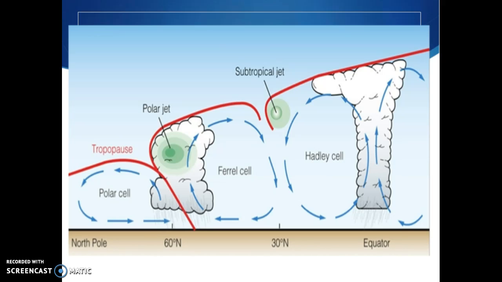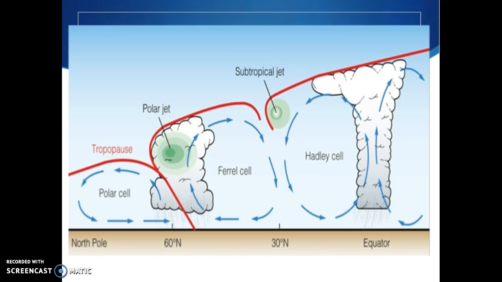All right, so here is another really good picture of what the air does to clouds as these cells circulate and as the air circulates around. So in that Hadley cell, you can see you got a big funnel type tall cloud coming up being produced from these Hadley cell circulatory winds.